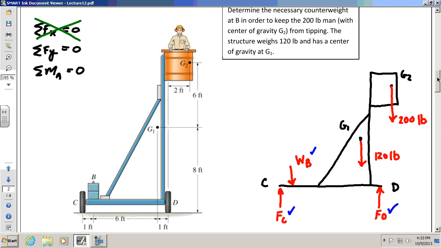What that's saying, and I heard somebody mention, is that basically, look at point C there. We know this thing has to fall to the right, and since it has to fall to the right, point C is basically going to leave the ground.